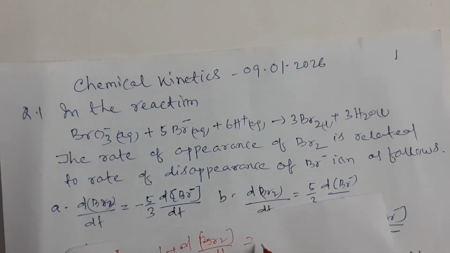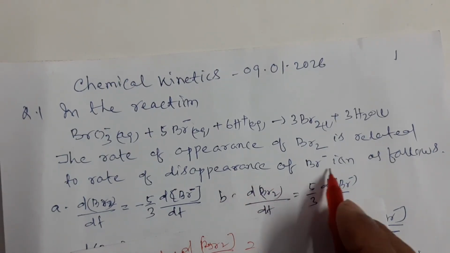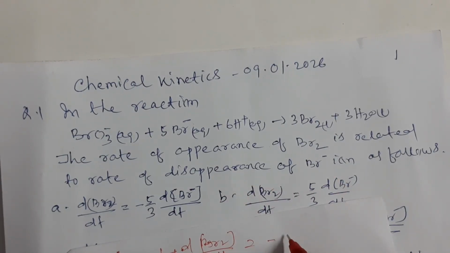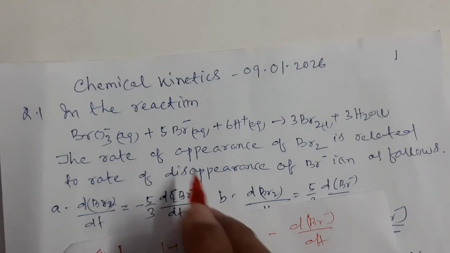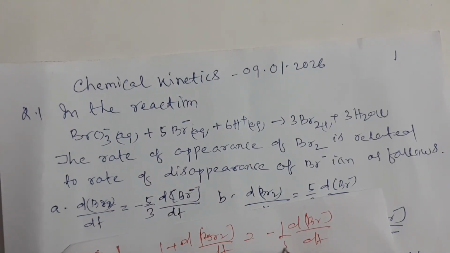This is equal to the disappearance of Br minus. When disappearance is considered, it is minus 1 by 5 dBr minus by dt, because Br minus has 5.